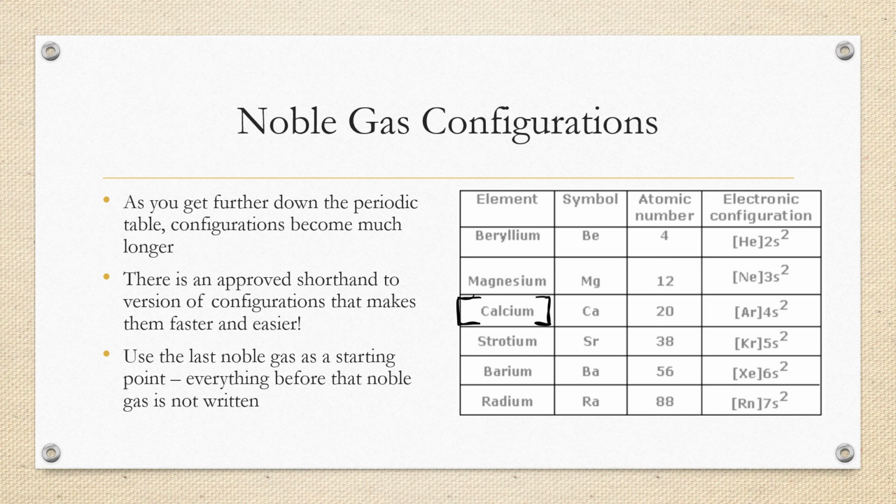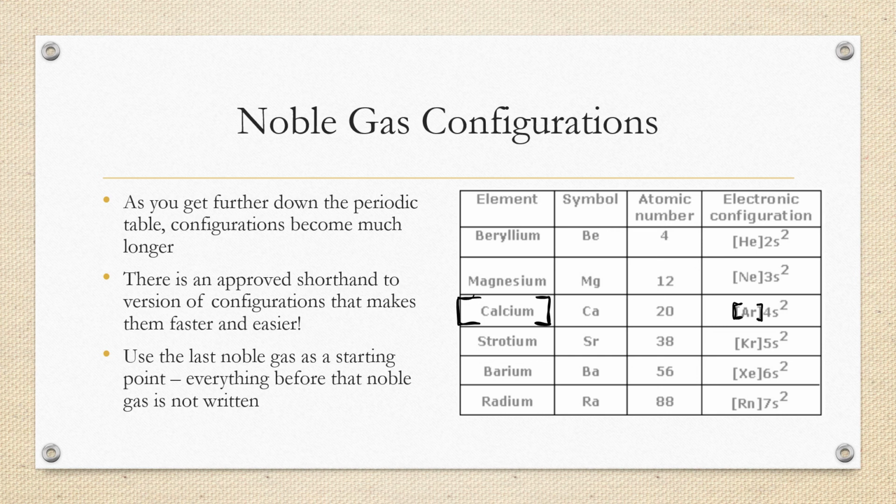So for calcium, if you're still looking at the periodic table, if you go backwards back into our 3p orbitals, we will hit argon as our most recent noble gas. So I would just write argon in these little brackets as my starting point. Then you continue your configuration from that point forward, which in this case only happens to be 4s2.